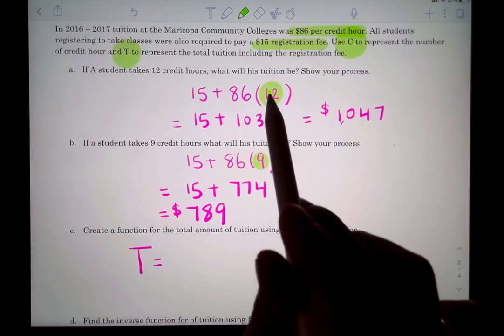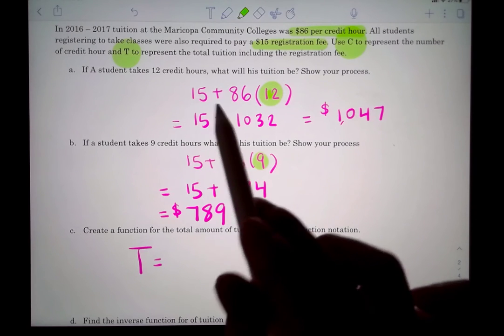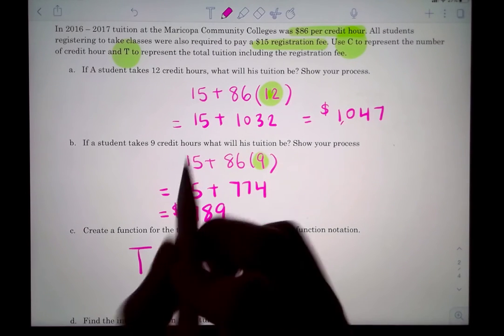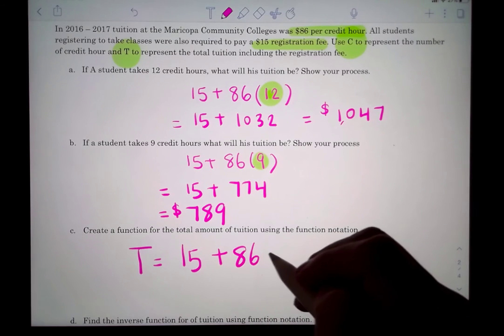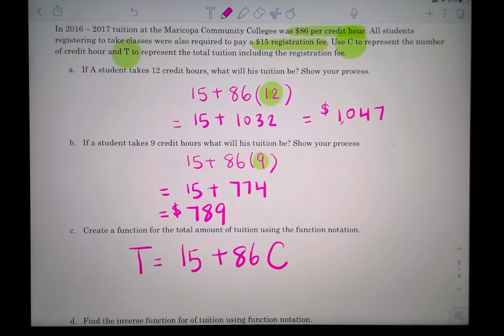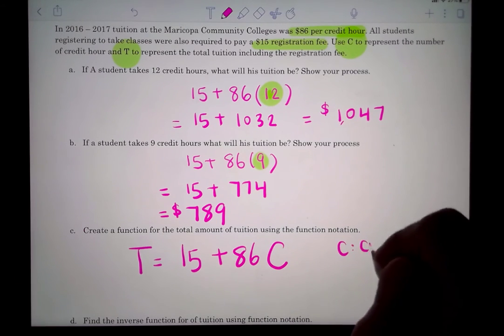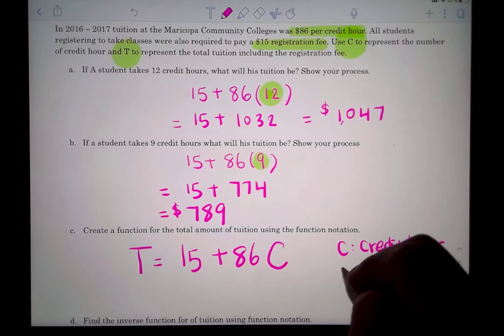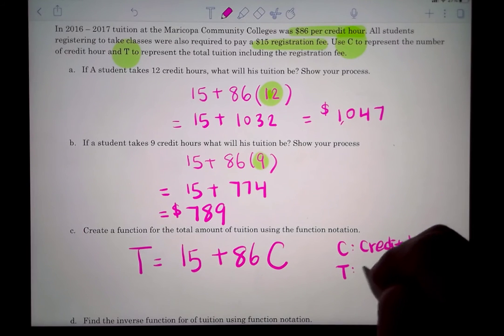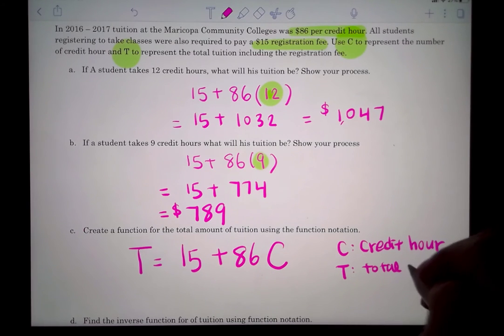We just change this. You don't change 15 and 86. So I'm going to use 15 plus 86C, right? Because that's the credit hour. Then you get the function, guys. C is credit hour and T is total tuition.